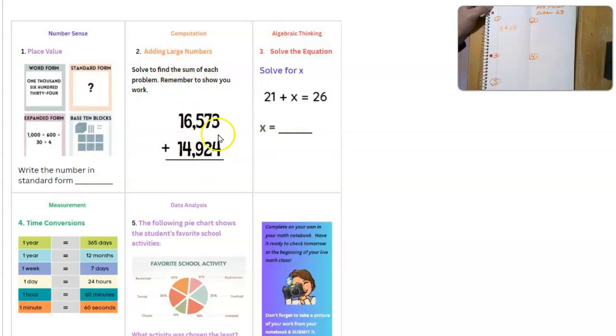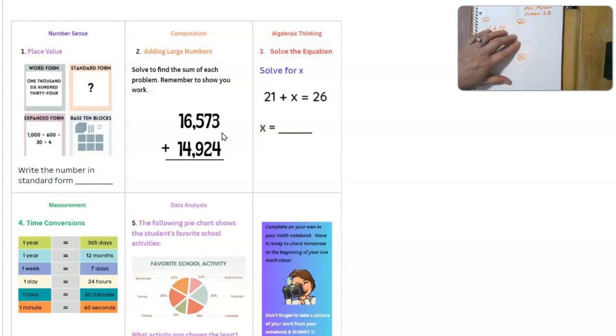Number 2, adding large numbers. This week you'll have a set of new numbers to add each day, 5-digit plus 5-digit numbers that will require regrouping or carrying over to the different place values.